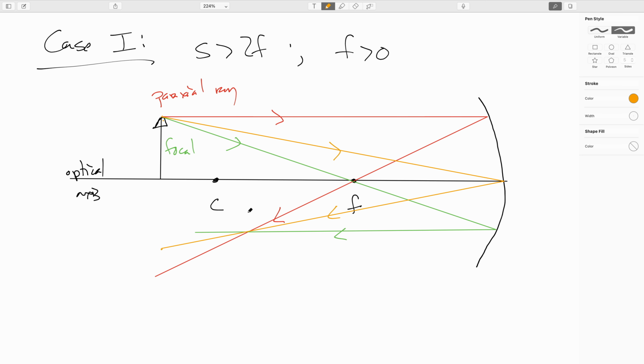This means that if you were to put a screen right here, like say you're in a movie theater or something like that, you would actually form an image. So we can go ahead and locate our image here.